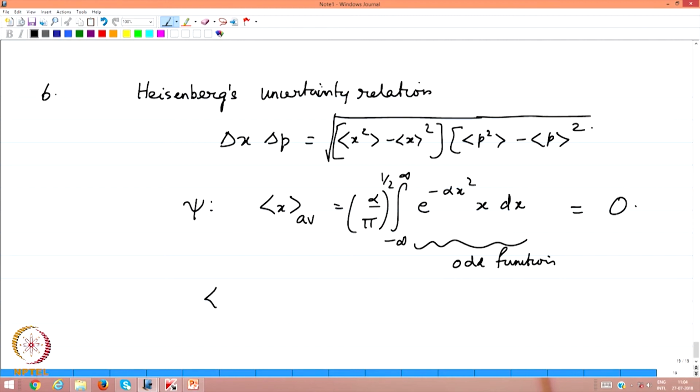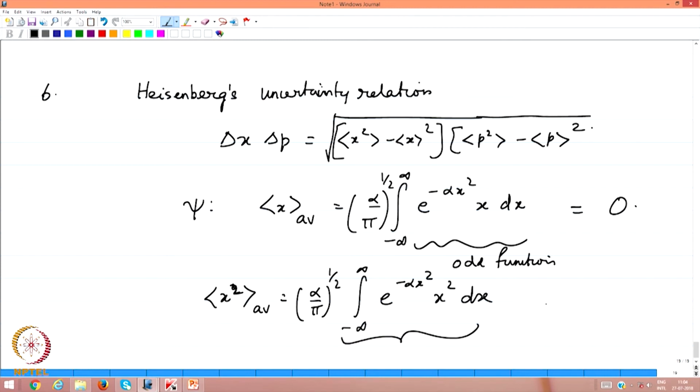And x square average, if you have to do that, is again alpha by pi to the 1 by 2, from minus infinity to plus infinity, e to the minus alpha x square dx. This integral I have already told you is 1 by 2 alpha into root pi over alpha.